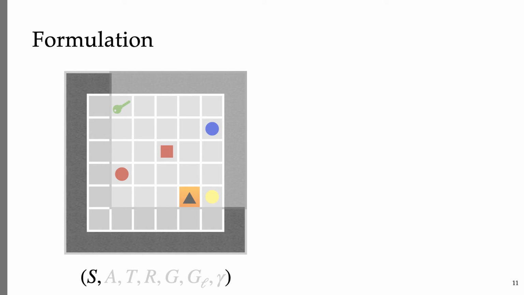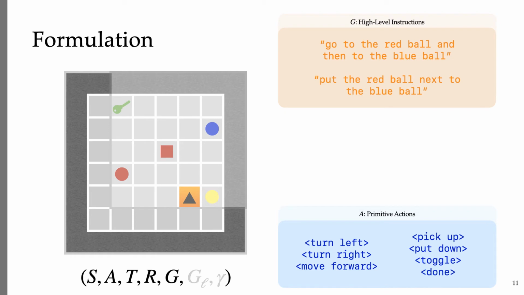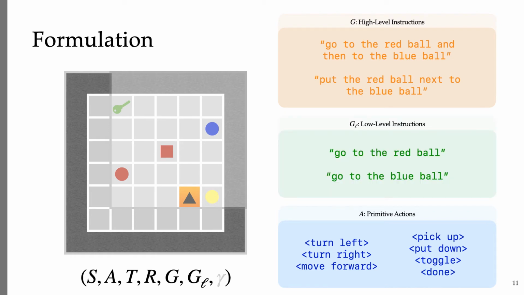We'll now formulate our problem more precisely using a grid world, where the black triangle represents the agent. We consider an augmented MDP consisting of states, like the grid here, a primitive action set, as listed, and transition and sparse reward functions that are conditioned on a high-level goal in the set G. We also assume access to a set of low-level instructions, G sub L, such that every high-level instruction is supported by some low-level instruction.